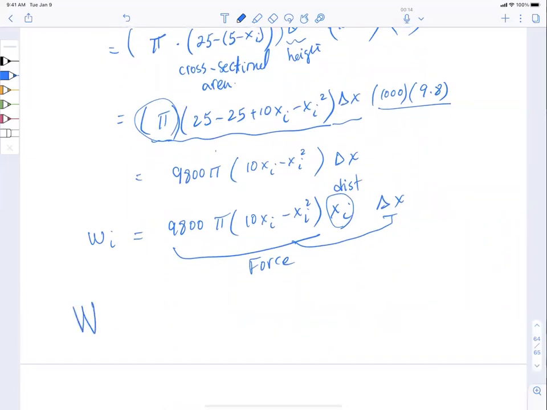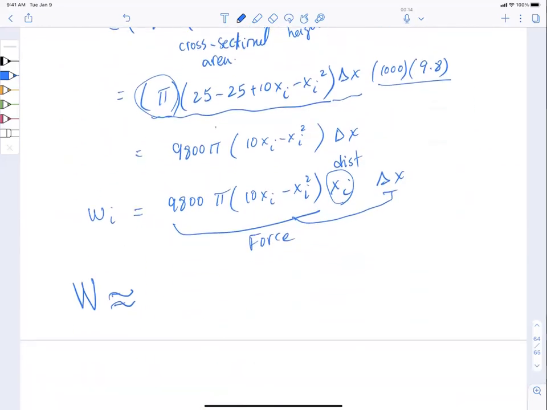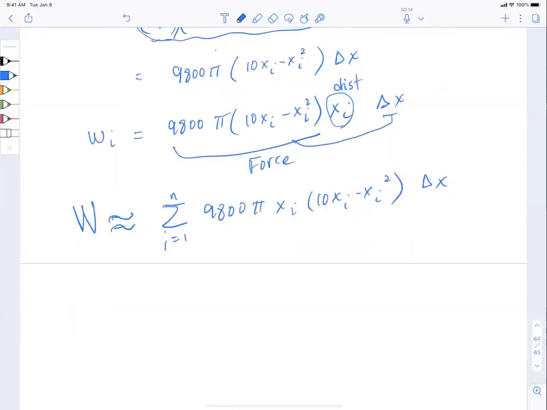So total work would be the sum of those, approximately, because remember why it is approximate? Because I had to flatten the width, also because there are going to be different volumes. So work is approximately the sum from i equal to 1 to n of 9,800 pi xi (10xi minus xi squared) delta x.